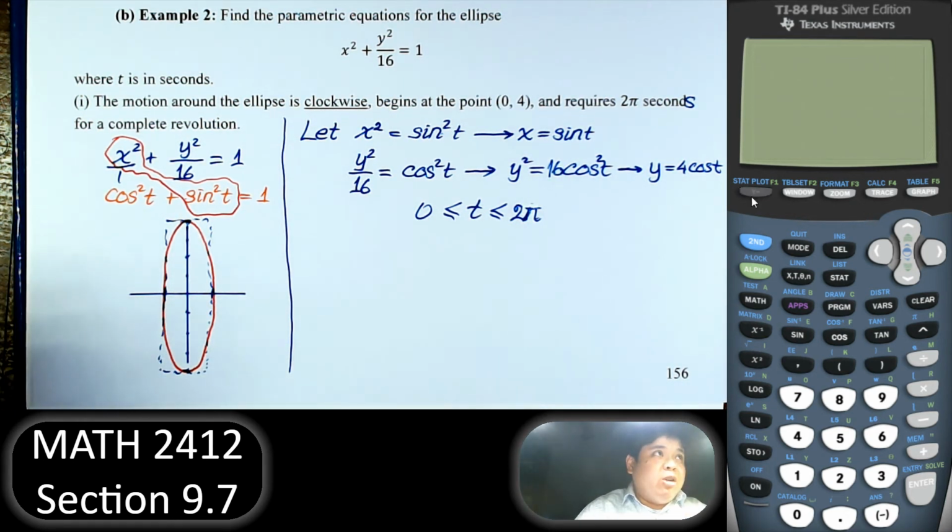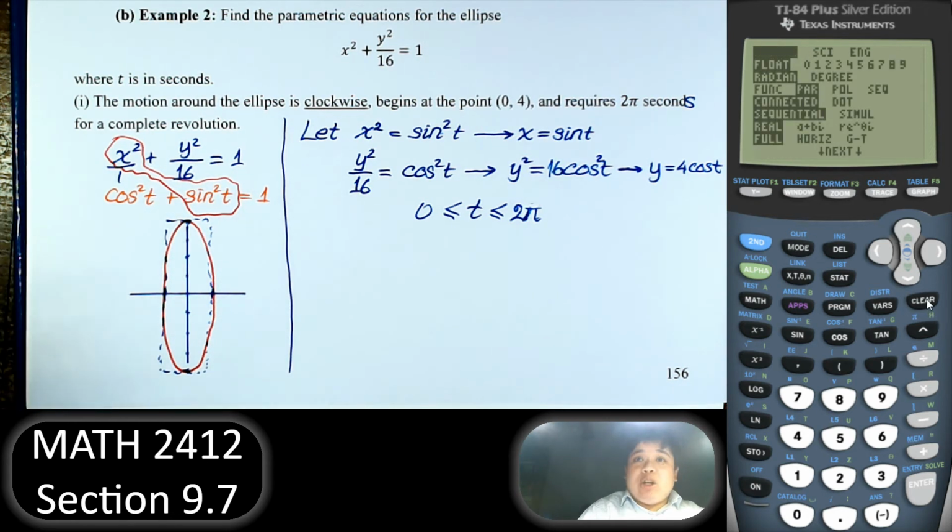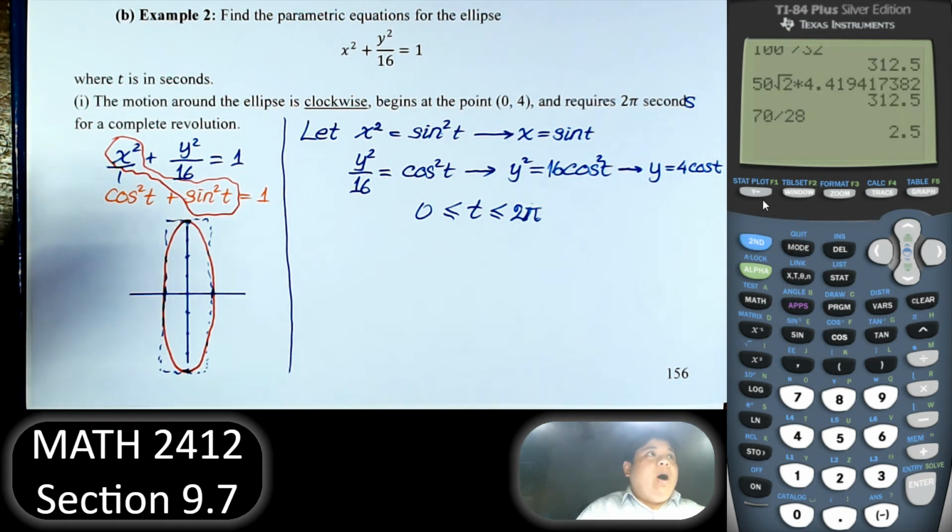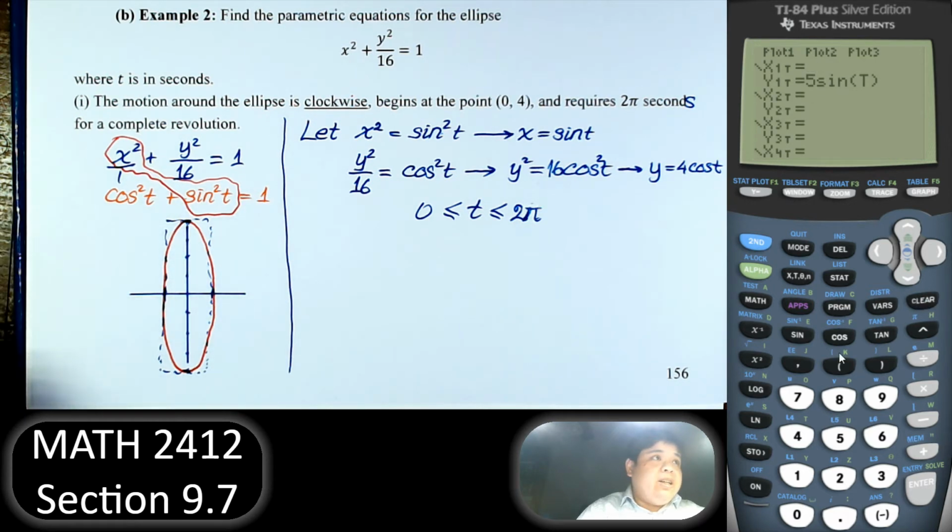Now the moment of truth. Just enter this in the calculator and make sure it works. Parametric equation, that's good. In radian, also good. Now x equals sine t and y equals 4 cosine t.